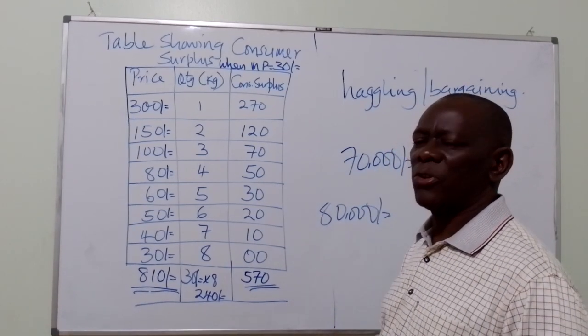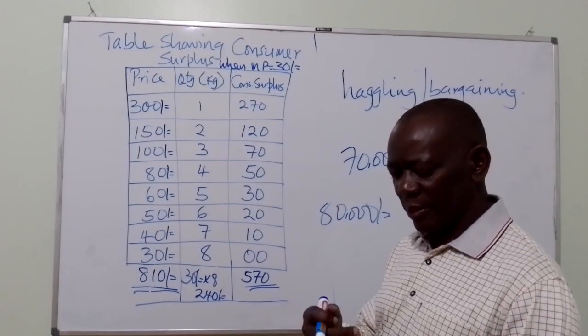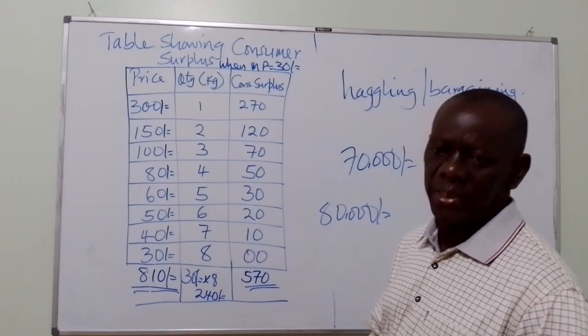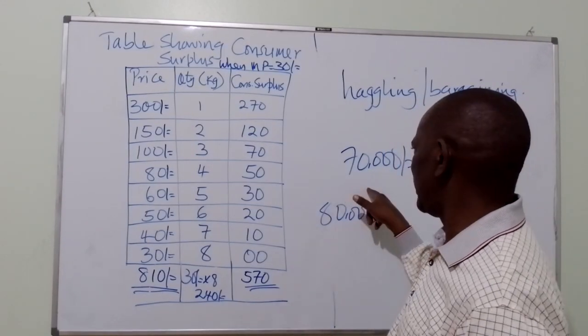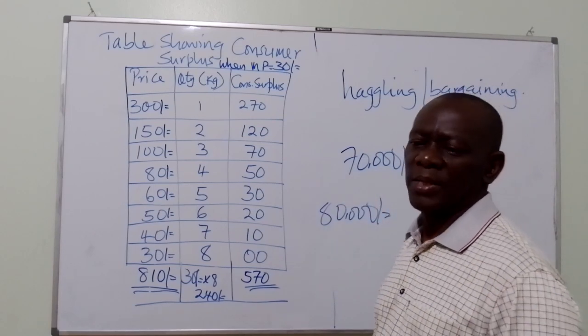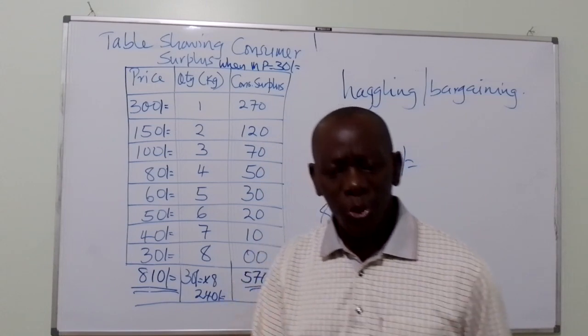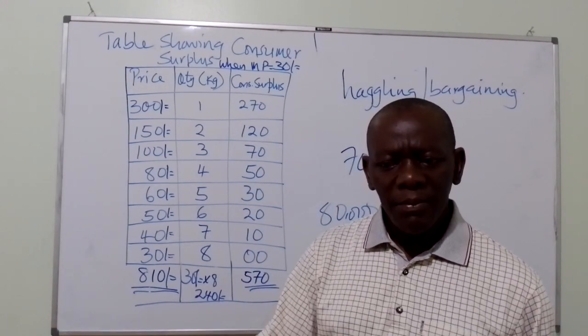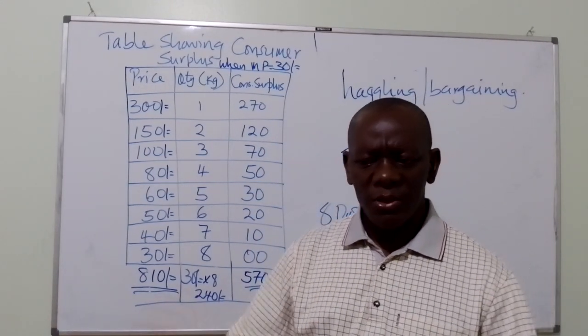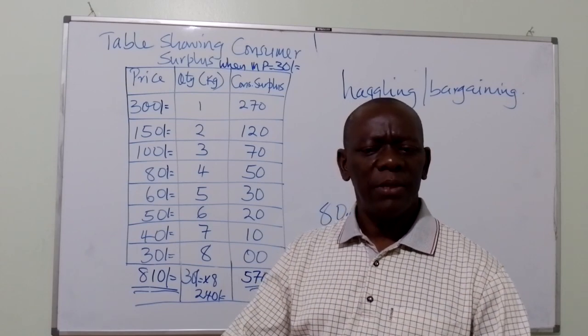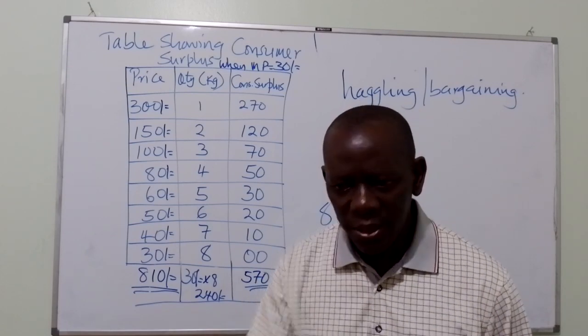I feel the service of this radio should be enjoyed at 70. That's why this seller, when you are bargaining, tries to show you the different functions, the different benefits of this radio.